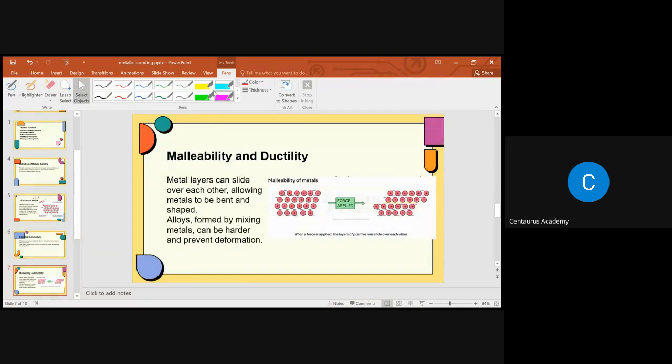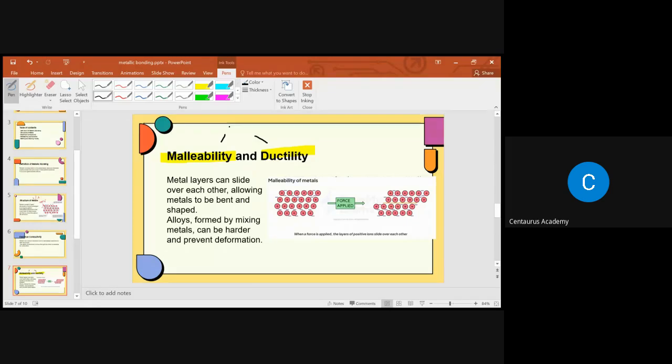Okay, I think you already know most of the things, only just quickly reviewing all of this: malleability and ductility. These two properties are present in metals because of metal layers, these positively charged cations.